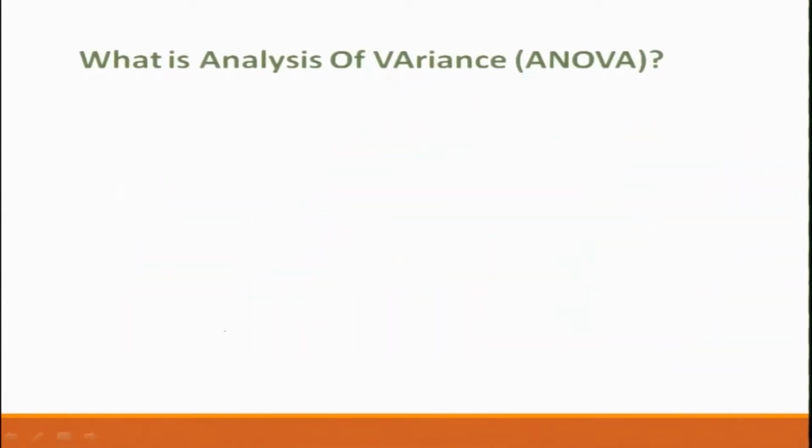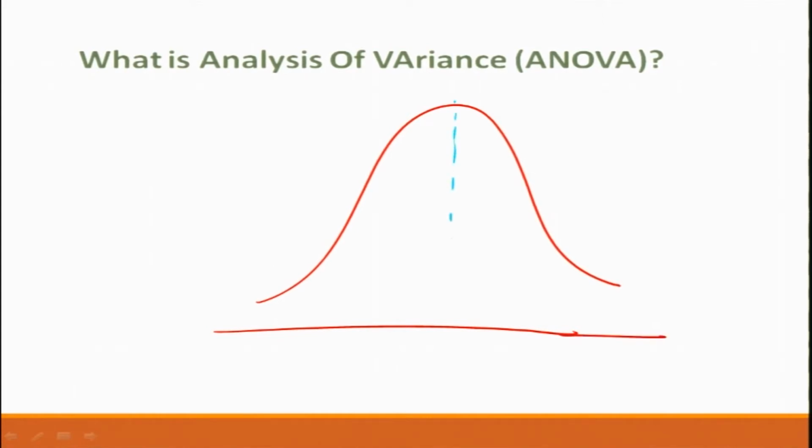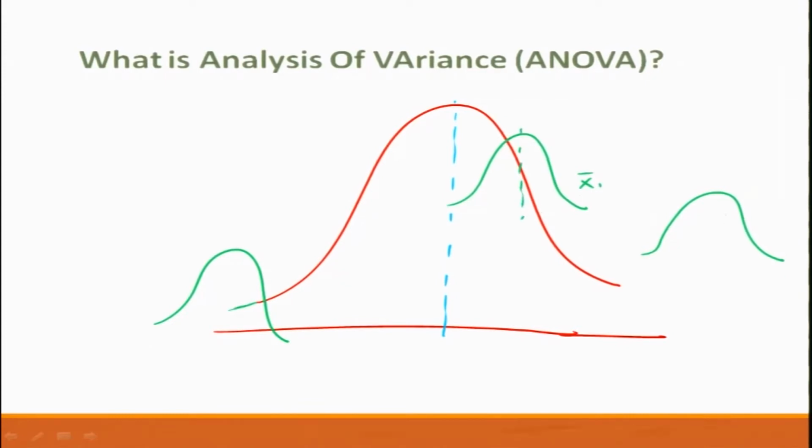Do these means lie inside? Let me take one more example here. Let us say I have x2 here and x3 here, however, x1 is lying inside. This is x1 bar, this is x2 bar, this is x3 bar.